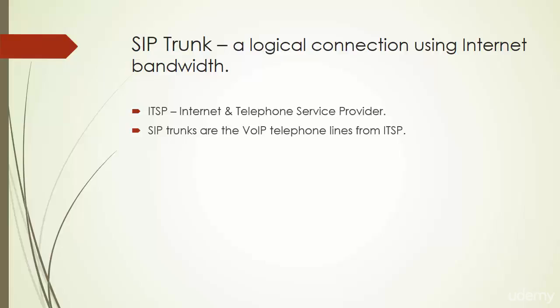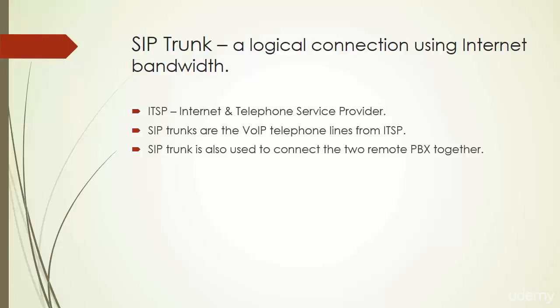This is something like phone lines on VoIP. A SIP trunk is also used to connect two remote PBXs together. Now using the SIP trunk, we can connect two remote sites together, and both of them can communicate with each other.